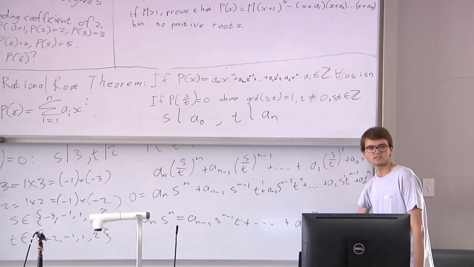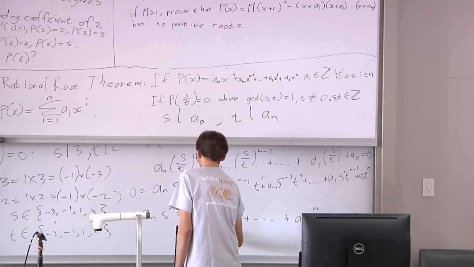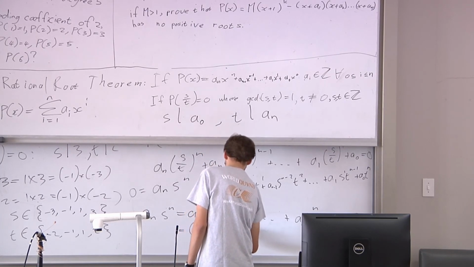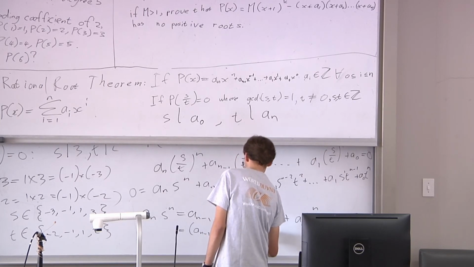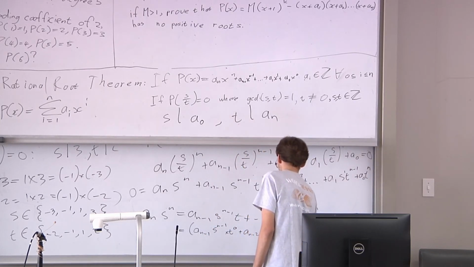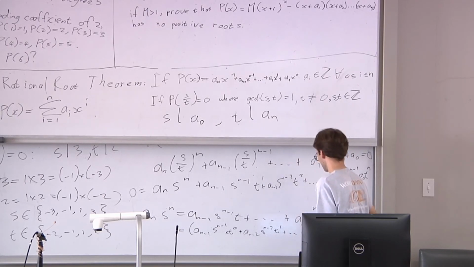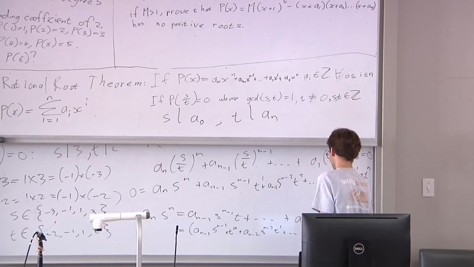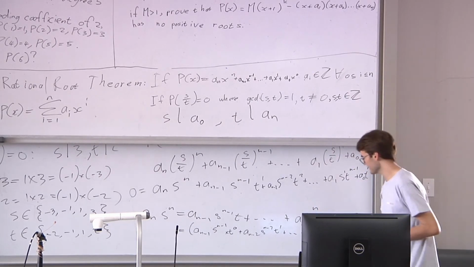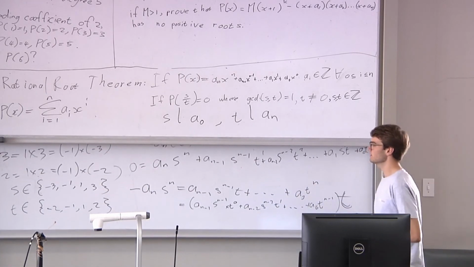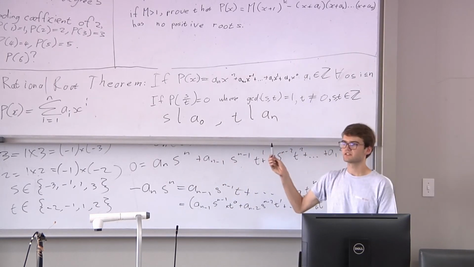At which point you notice that you can factorize that a bit to get a_(n-1) s^(n-1) t^0 plus a_(n-2) s^(n-2) t^1, etc., plus a_0 t^(n-1), all times t. Okay? So a_n is an integer because the polynomial has integer coefficients.